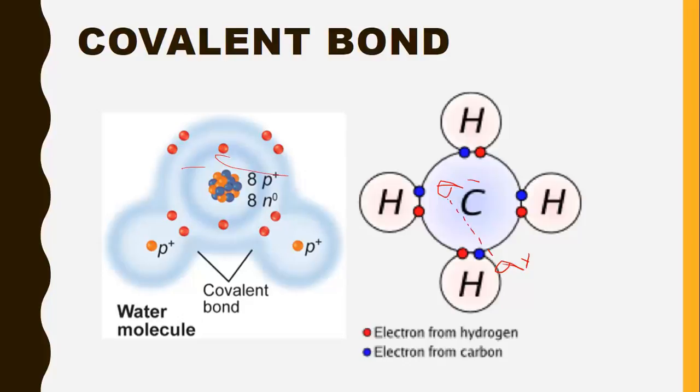Again, these electrostatic forces are going to be a positive and negative. Van der Waals forces generally occur between molecules. Let's say I have a carbon here. It's going to occur between these molecules, and that's how they're going to be held together.